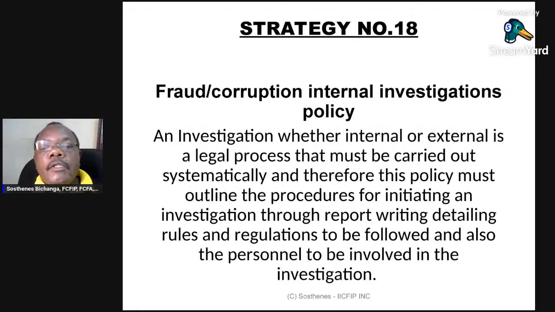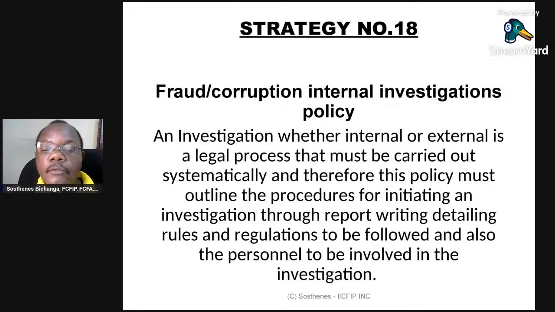Number 2, the scope of the policy. This policy will cover investigation of cases involving the following: A. Allegations of fraud. B. Allegations of corruption. C. Allegations of conflict of interest. D. Allegations of bribery.